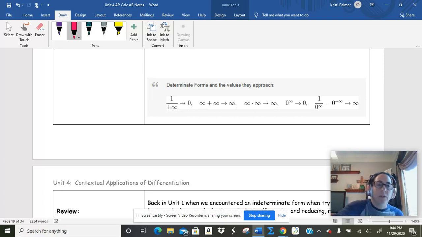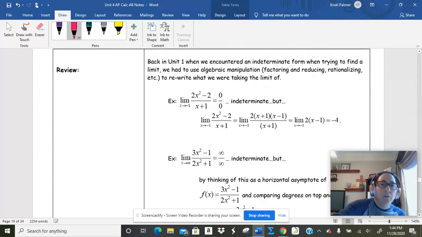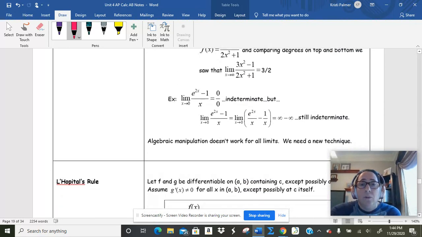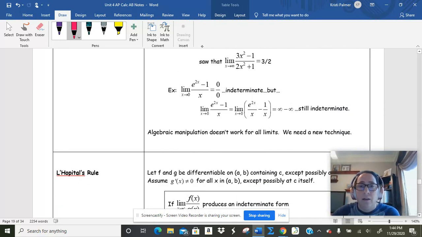Back in Unit 1, when we had an indeterminate form like 0 over 0 or infinity, we knew we had to do more work like factor, rationalize, common denominator, all of those fun things. But now we're going to learn another way. Think about if we got to here.